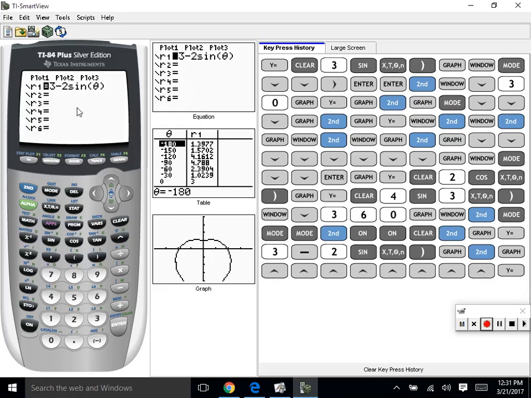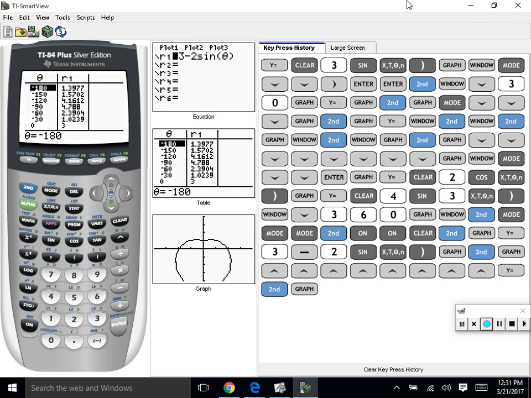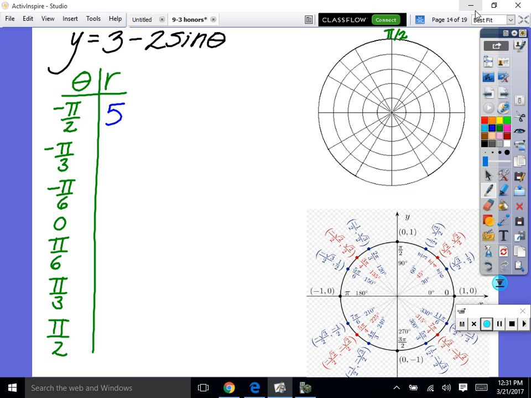Look. 3 minus, did you put it in negative? Oh, it probably just does. Your window might be bigger than mine, so you just can't see the dimple, but once you plot points, you'll be okay. Okay, so now you're doing second table, so you're just plotting points here. Okay, here we go. Hit quit. You gotta quit. Or pull the batteries out of that dang thing.